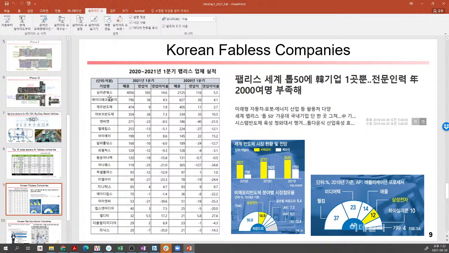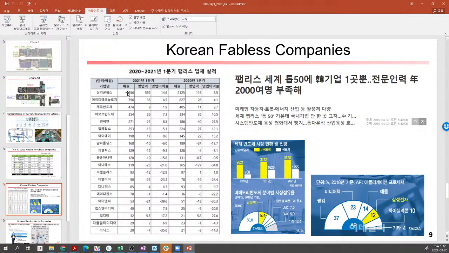They are trying to make things work in the semiconductor design company area, and they have a very large revenue in Korea.